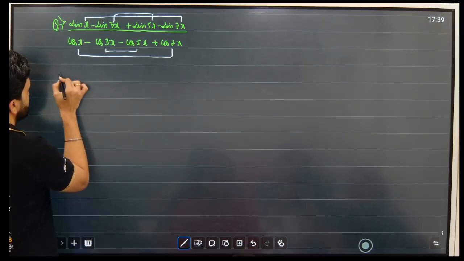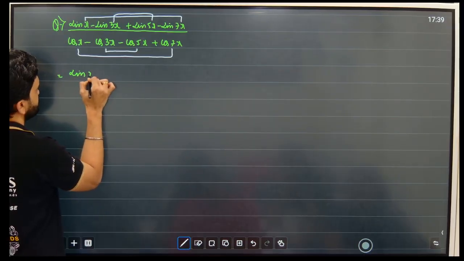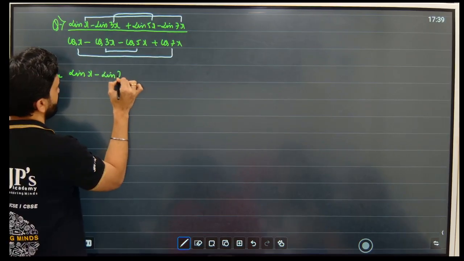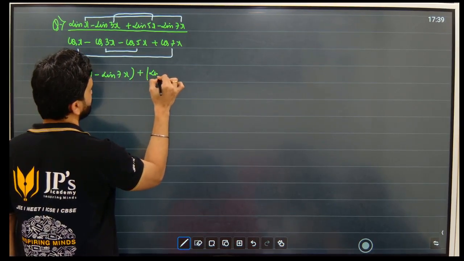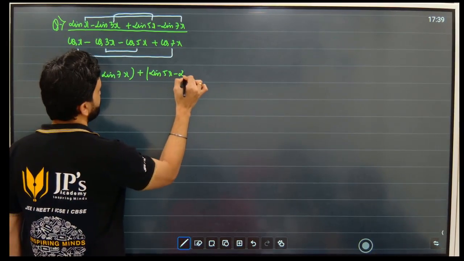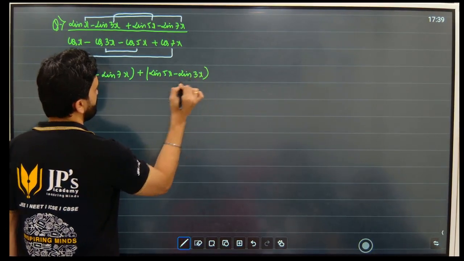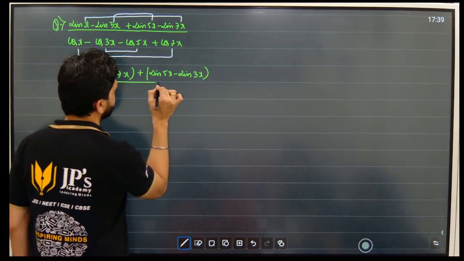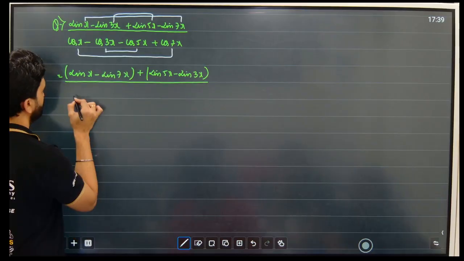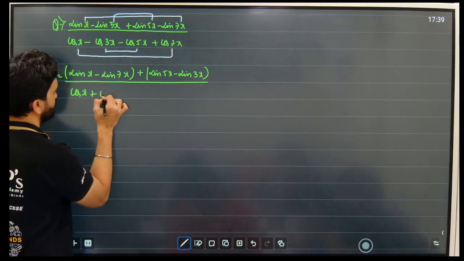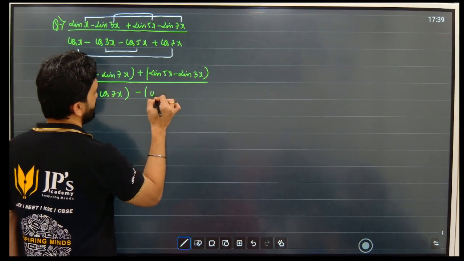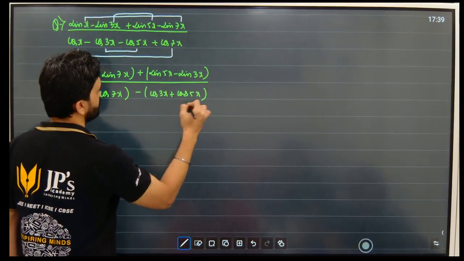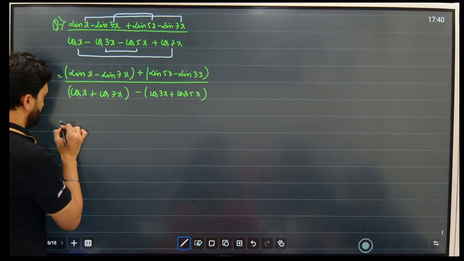So if I solve this, first I need to pair it, so this will become sin x minus sin 7x plus sin 5x minus sin 3x, the whole upon cos x plus cos 7x minus cos 3x plus cos 5x. Now I put the formula.